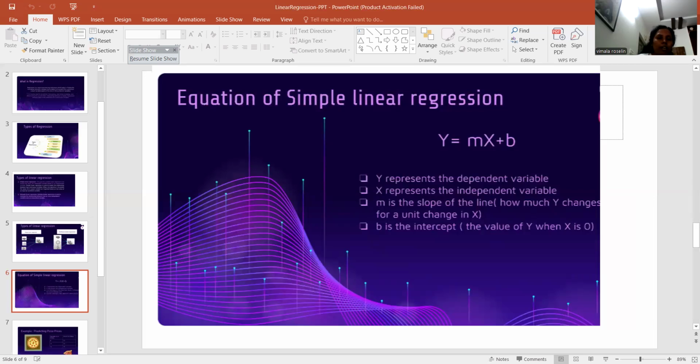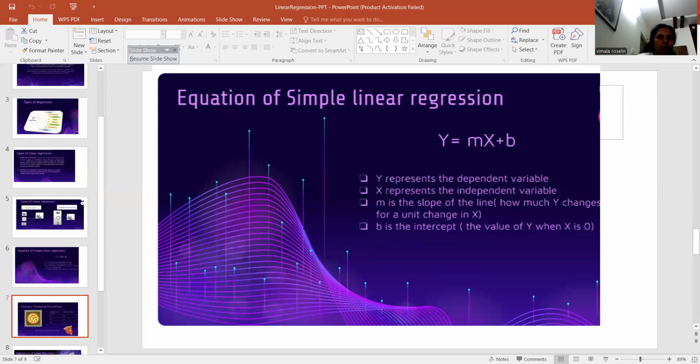In the data set we have many data points, so we categorize the values and draw one line between the dependent and independent variables. That line is called the slope. Slope is how much y changes for a unit change in x, and b is the intercept, the value of y when x is equal to 0.